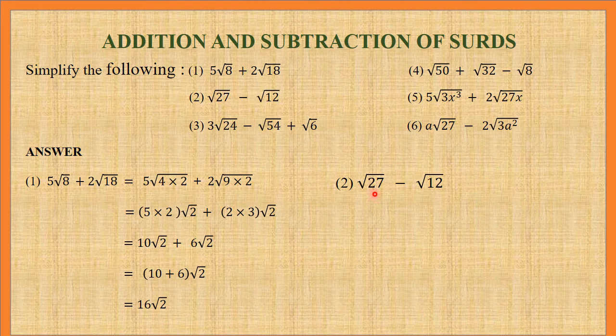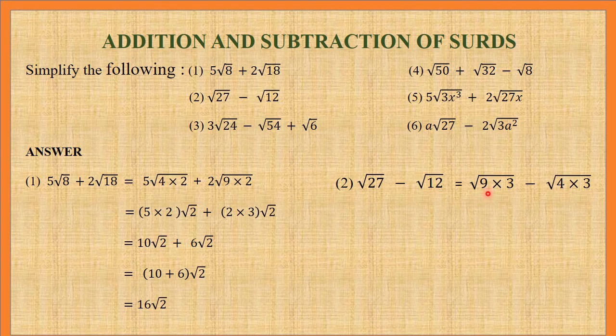We can find a perfect square in 27 and another perfect square in 12, so we can simplify. Square root of 9 times 3 is the same as square root of 27, and square root of 4 times 3 is the same as square root of 12.